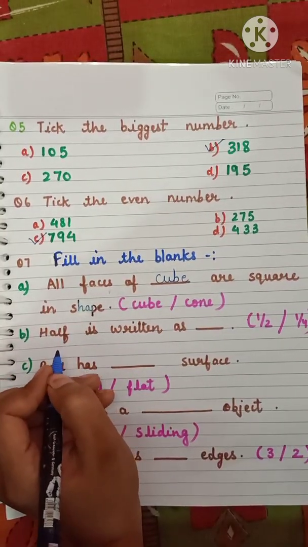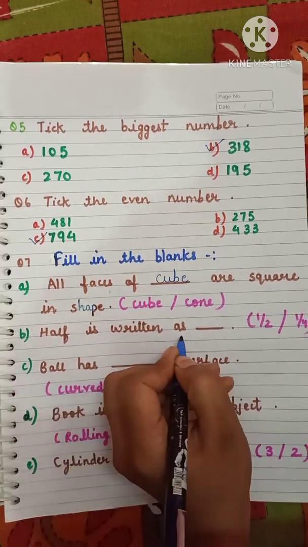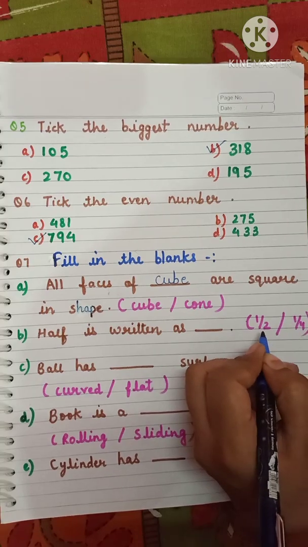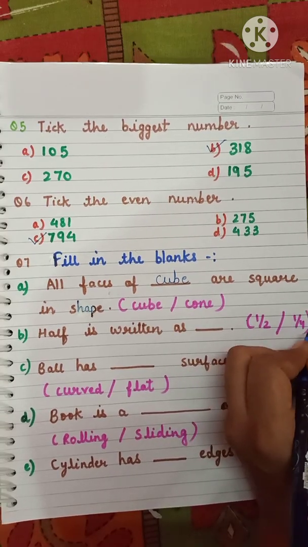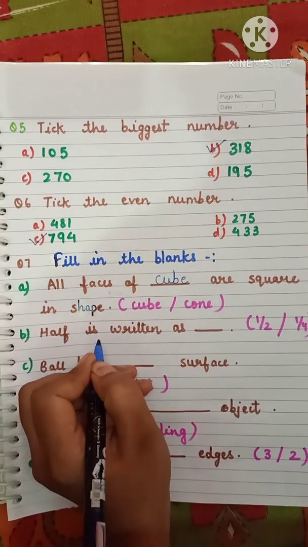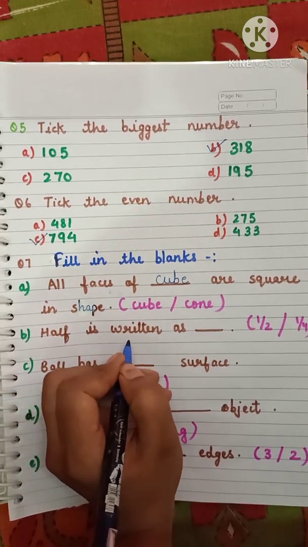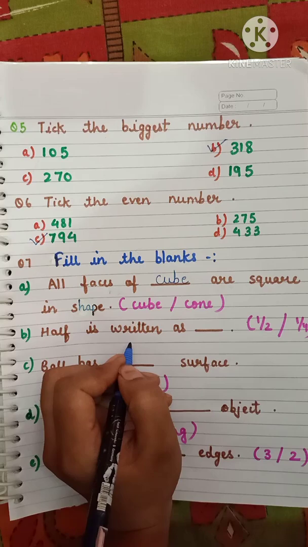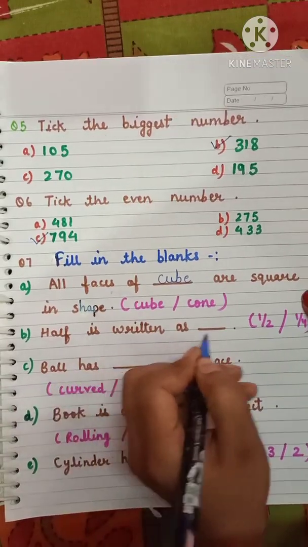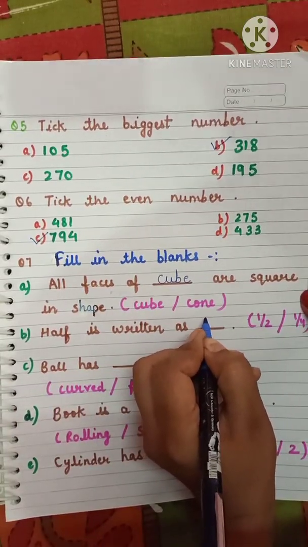B part. Half is written as dash. Two options are available here, 1/2 and 1/4. In half, we talk about one part out of two equal parts, because we divide the object into two equal parts. So that means half is written as 1/2.